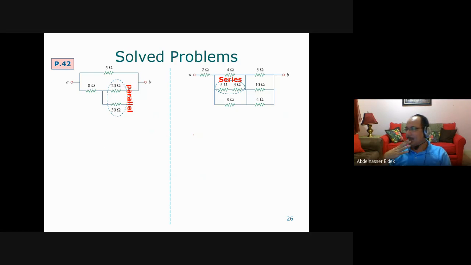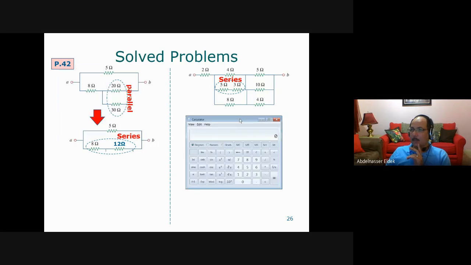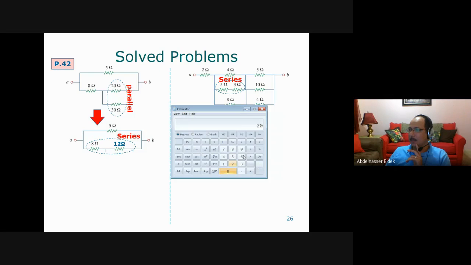Here, look at this example. If you want to calculate the total resistance, then here you have 20 and 30 in parallel. So it will be 20 times 30 divided by 20 plus 30. That is 12. Okay, where is the calculator? When you calculate again, it is 20 times 30 divided by 20 plus 30, which is 50.